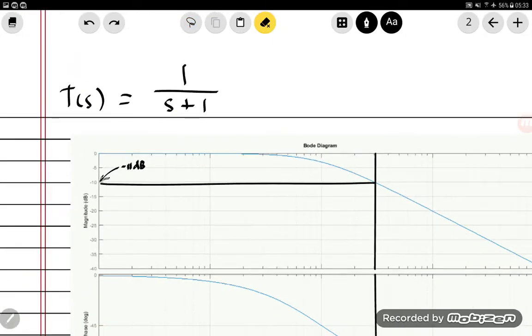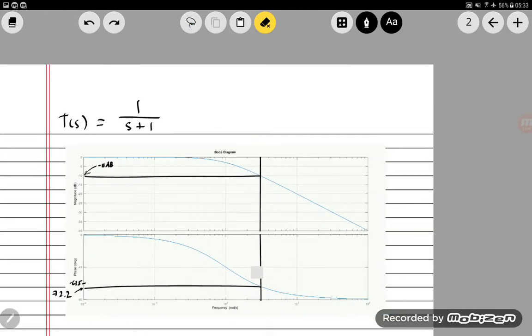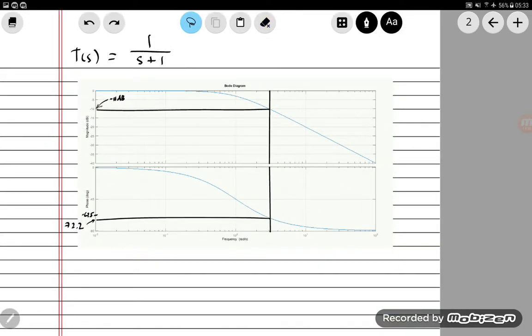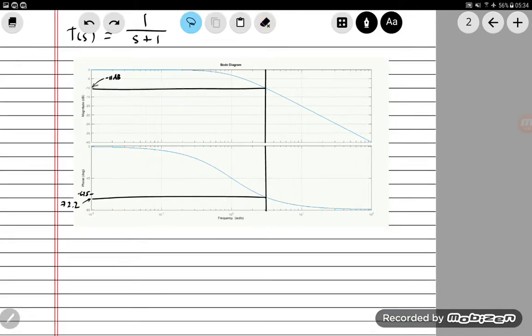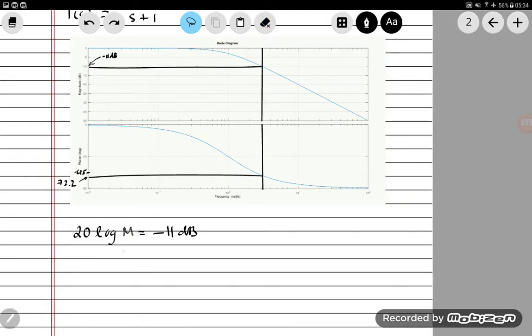If we want to find the amplification factor, we don't want it in decibels, so we're going to have to do the conversion.